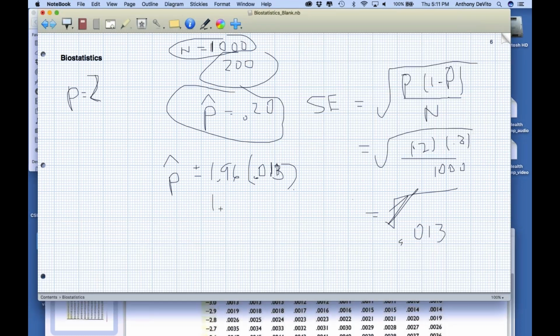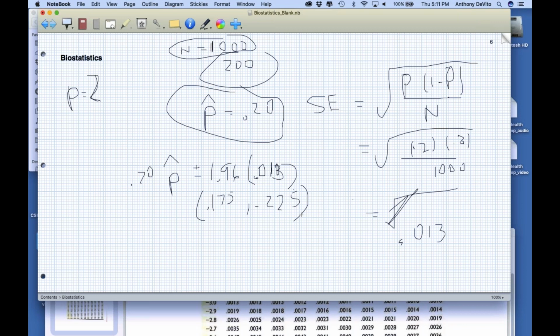So what was it again? 0.175, and the second number was 0.225, roughly. Okay. So what can we say now? Our point estimate for the proportion is 0.20. But we're 95% sure that the true population proportion of people that have had flu shots this year in New York City is between 17.5% and 22.5%.